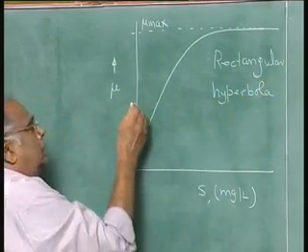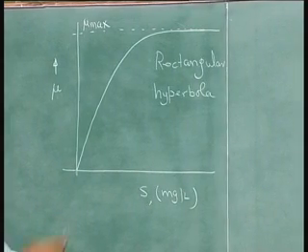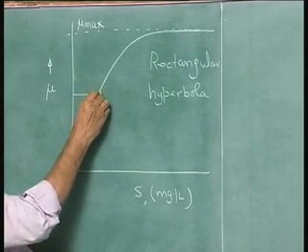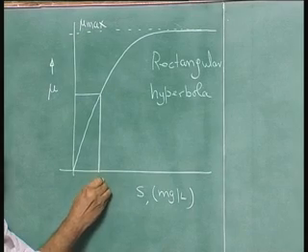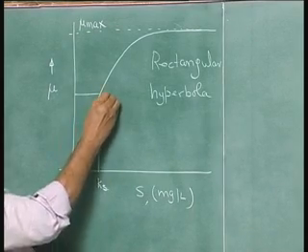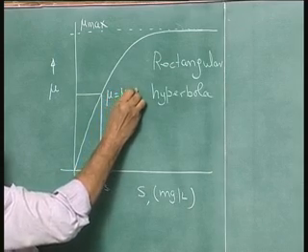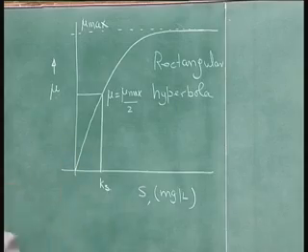And now we define the Ks here. The saturation constant Ks is nothing but the concentration of the substrate when mu is equal to half of mu max. That is what we had discussed in the last class.